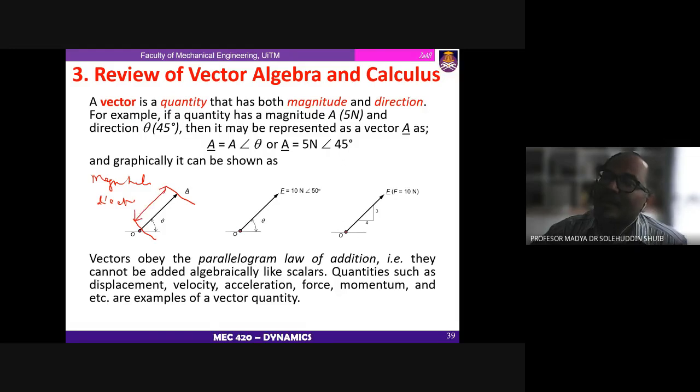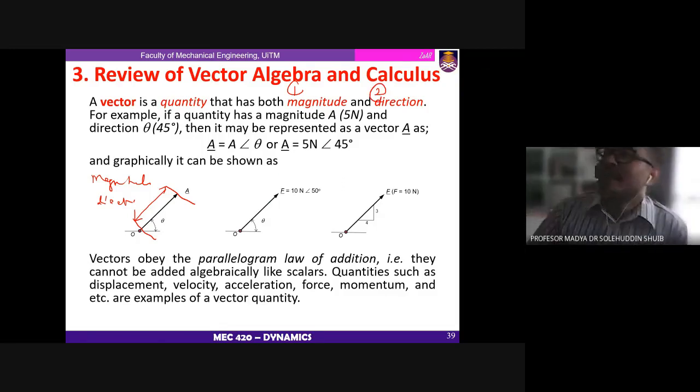And then it has a direction. Direction, we have this theta measured from 0 to theta. So that's what we call vector. So vector has number one magnitude and it has the direction.